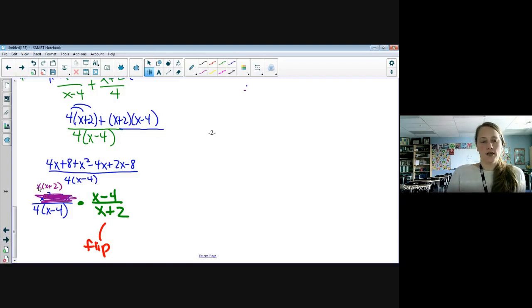Now we can cancel. I have a single x. Is there another single x? Nope. I have x plus 2. Is there an x plus 2 on the bottom? Yep. Is there x minus 4 and x minus 4? Those are gone. And what is left is x over 4.